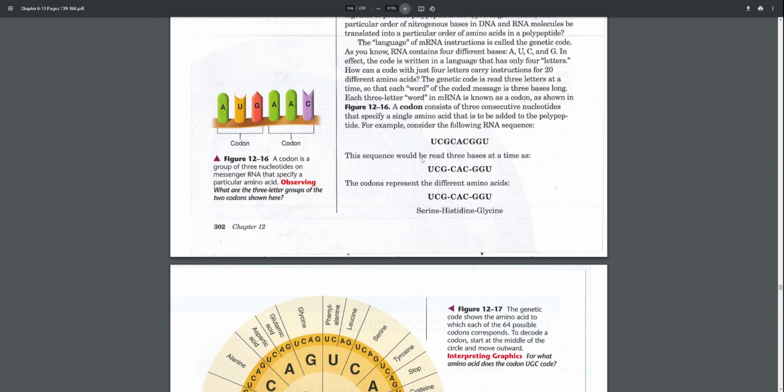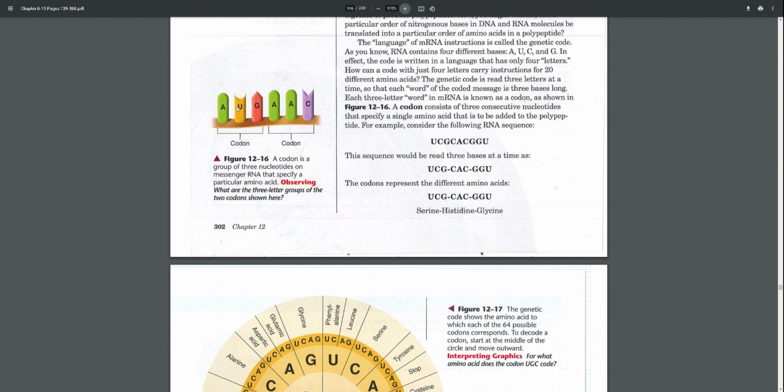This sequence would be read 3 bases at a time as UCG, CAC, GGU. The codons represent the different amino acids. UCG represents serine, CAC represents histidine, and GGU represents glycine.